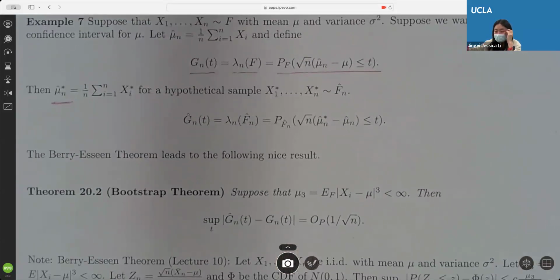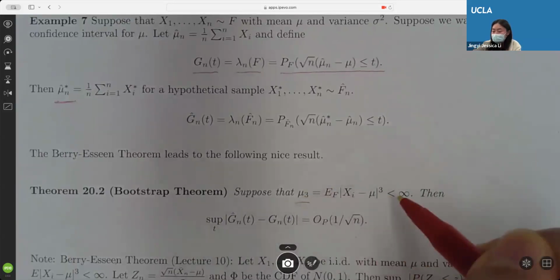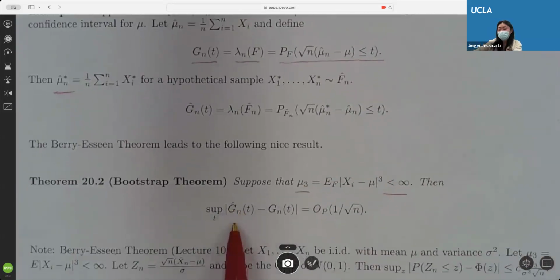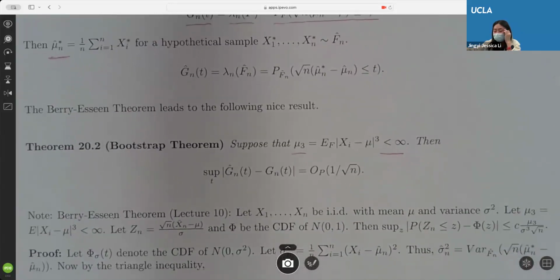What it says is, if your original sample has a finite third central moment, μ3 being finite, then the sup difference between the two CDFs, one the plugin estimator and one the thing you're interested in, the error distribution CDF, is upper bounded by this order, 1 over root n. So it's the same order as in the Berry-Esseen theorem, right? 1 over root n.